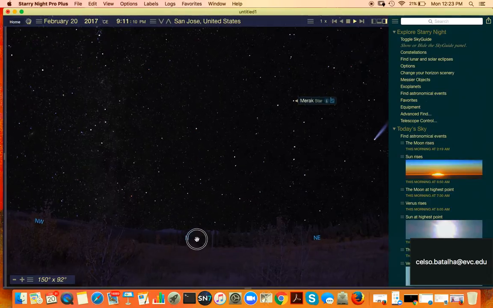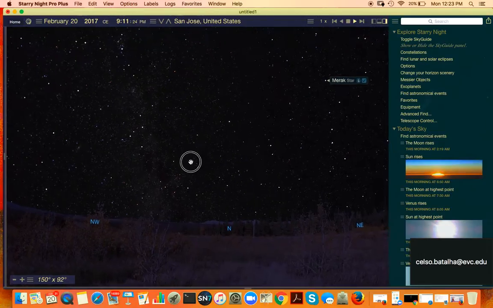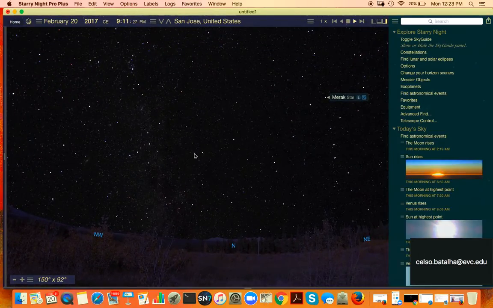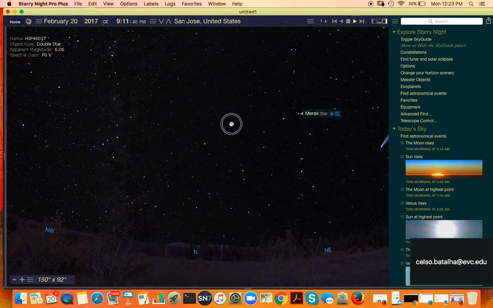Less than 1 degree, so it's right there. There's no missing it. And how many degrees is it? About 37 degrees, right? Going from Polaris straight down. So Polaris is part of the Little Dipper, and so you have 1, 2, 3, 4, and another 1, 2, 3 is right there. That's part of the Little Dipper.